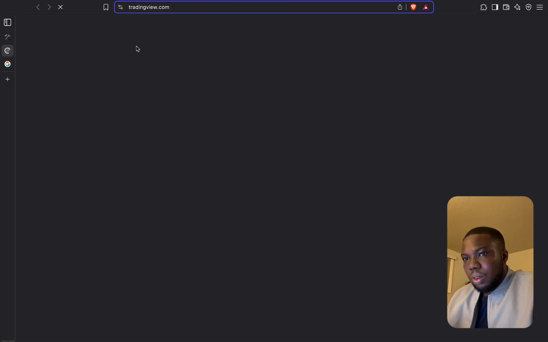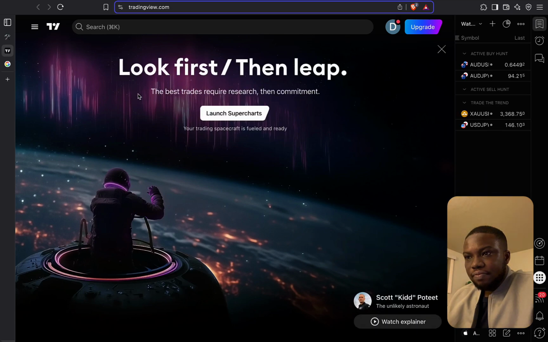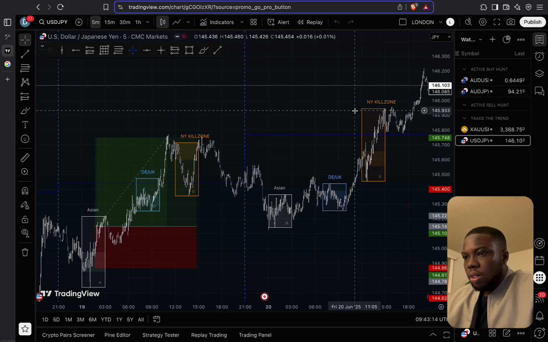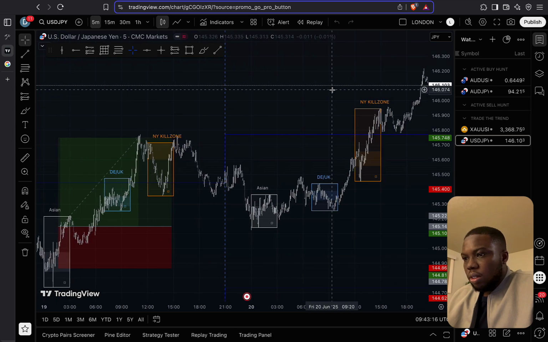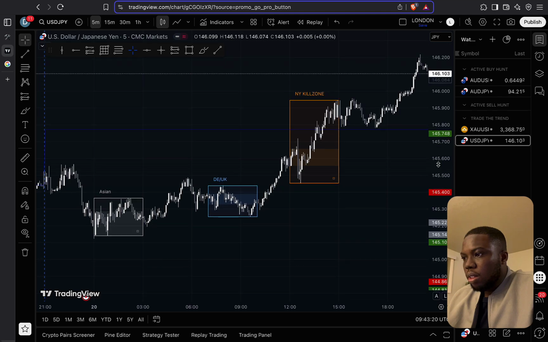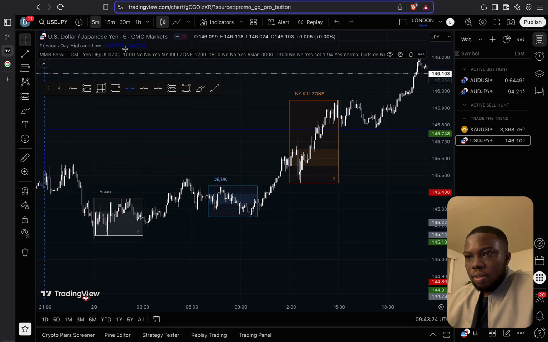Now let's take a look at TradingView. So this is how TradingView looks. It's basically for charting, or looking at charts. So I'm going to launch this, and yours might look a little different, but this is basically how it looks.